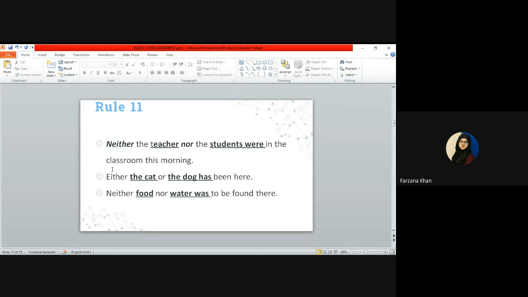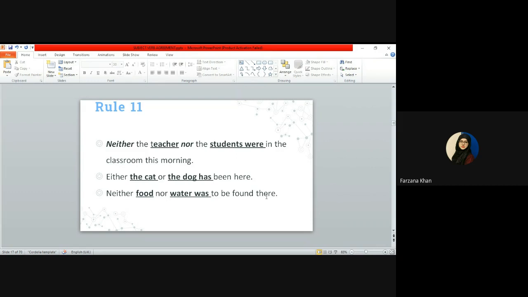Well, in the next example, you can see either the cat or the dog has been here. The cat, singular noun. The dog, singular noun. Both singular subjects have been connected by either or. That's why we have used here has, which is a singular verb. In the last example of this rule, you can see neither food nor water was to be found there.